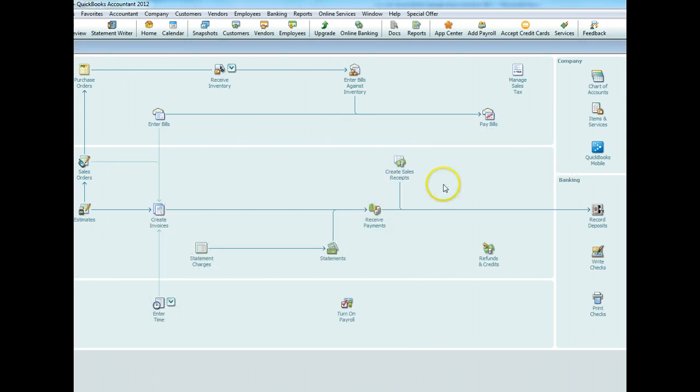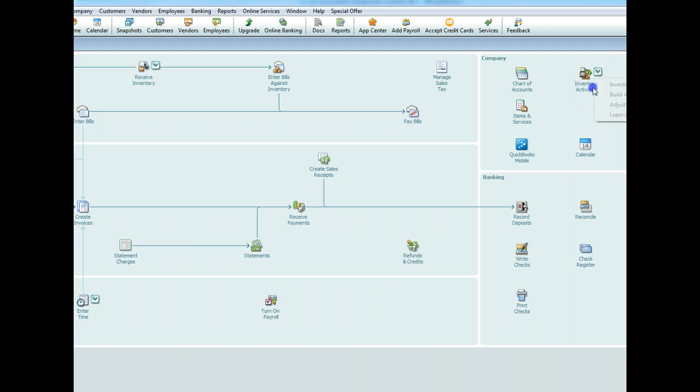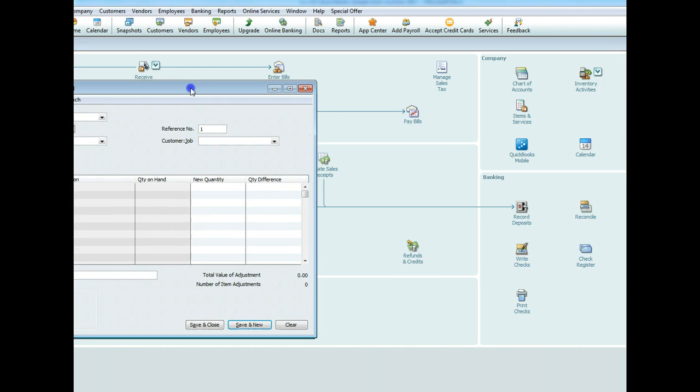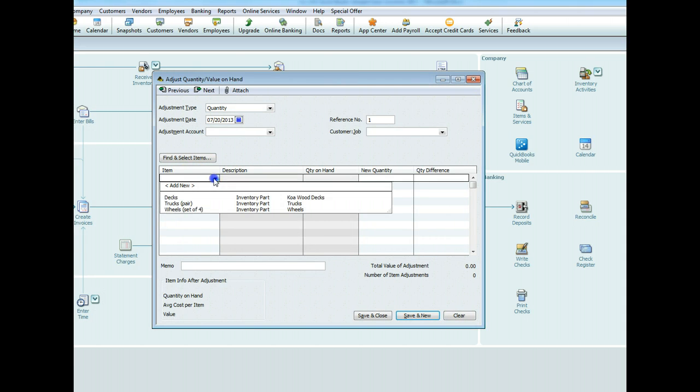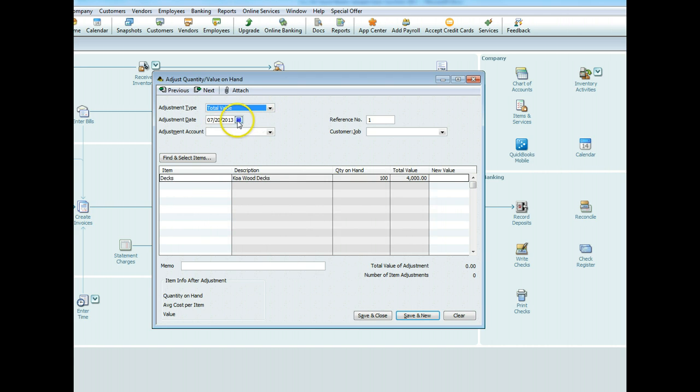Alright, now the minute we've done that, go over to inventory activities, and we're going to adjust the value on hand. I'm going to look for the koa wood, and we're going to adjust the value.